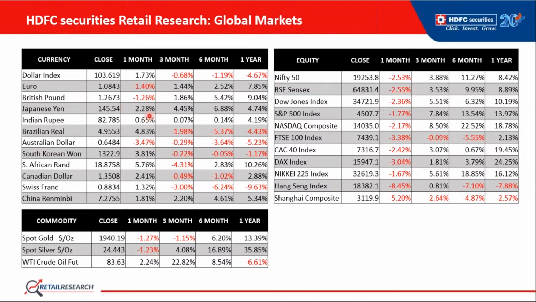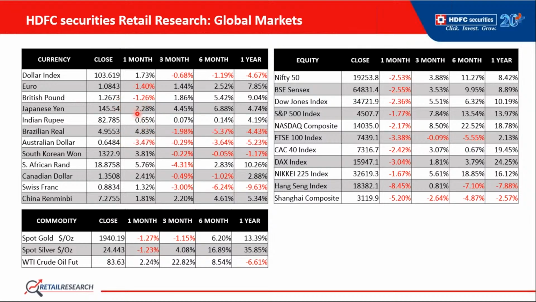Another is the Brazilian real, which is also a commodity currency. The exception is the Australian dollar, which has gained around 3.5% after the Australian central bank raised the interest rate, and that has supported the Australian dollar.